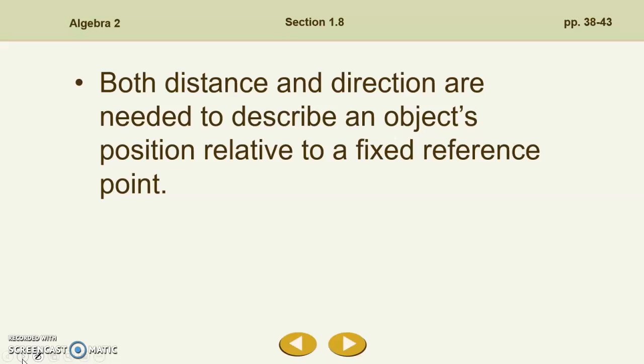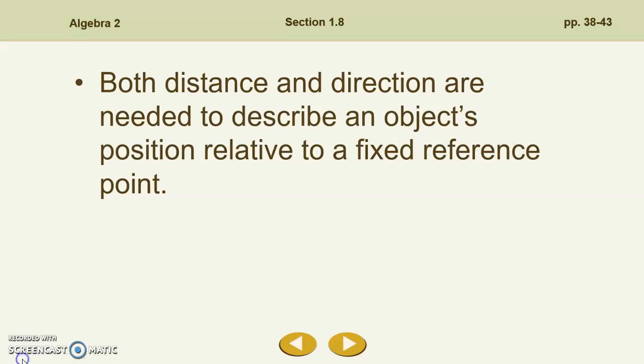When you plug in an address, your GPS gives you those things. It tells you how far to go and then to turn left or right or head north or south. So GPS gives you distance and direction. When we're talking about the number line and then eventually the Cartesian plane, we need to know both distance and direction relative to a fixed reference point.